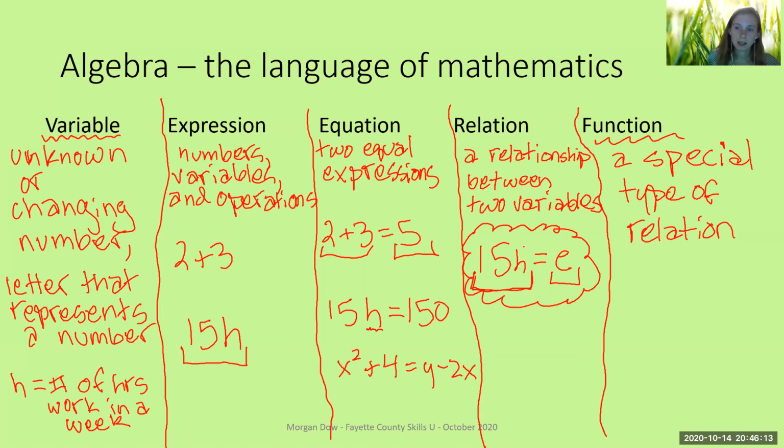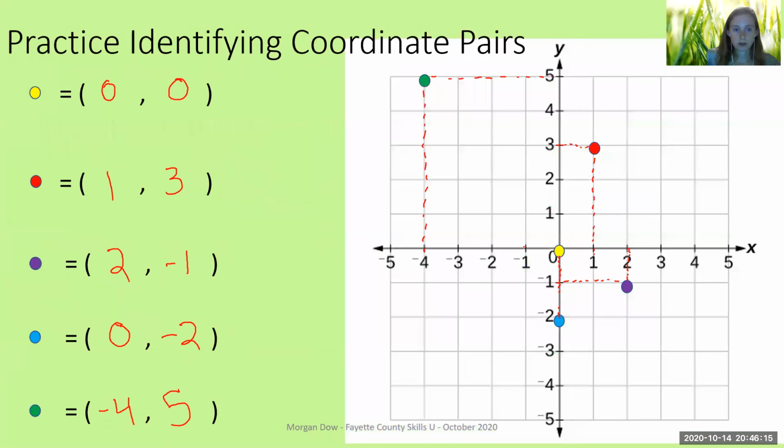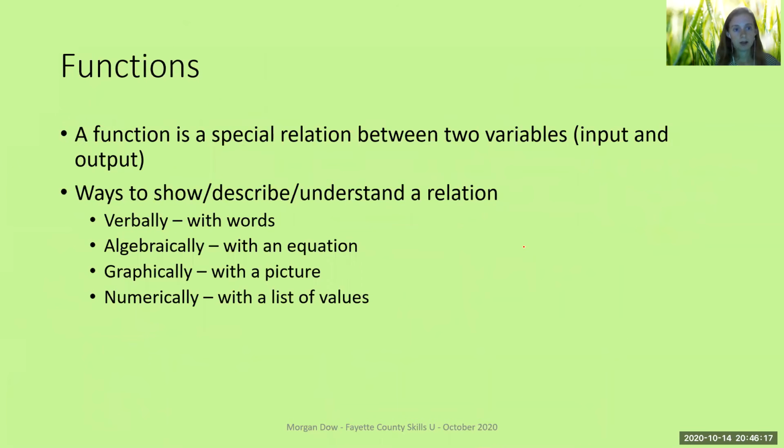So let's talk about exactly what makes functions special. So a function is a special relationship between two variables, an input variable and an output variable. There are many different ways that we can show or describe or understand relations and functions.